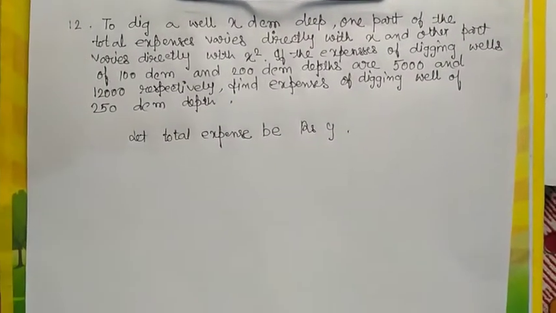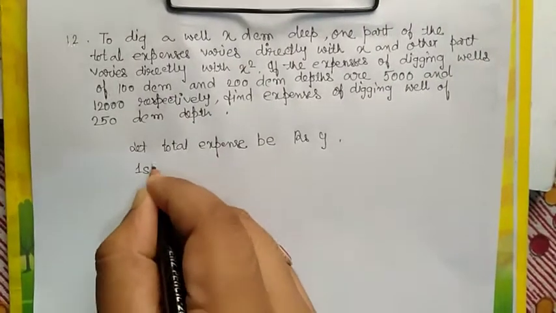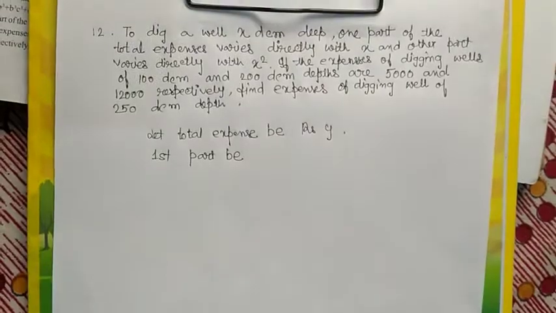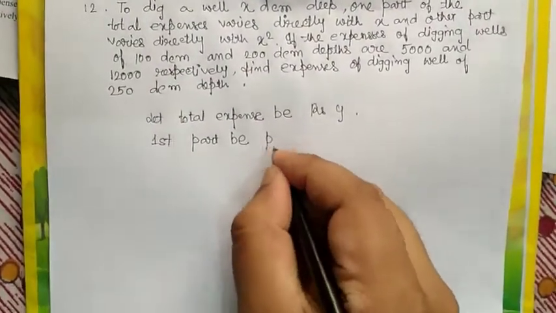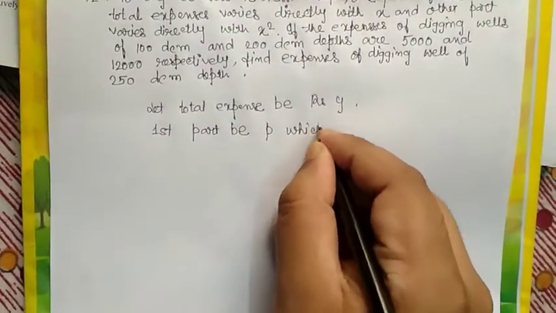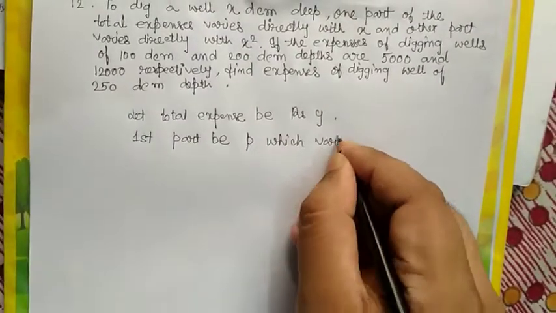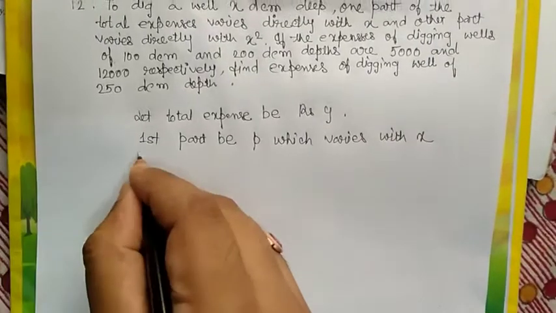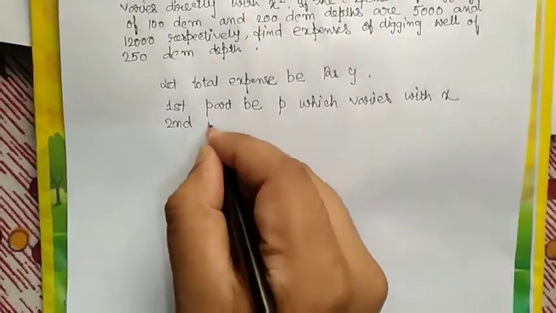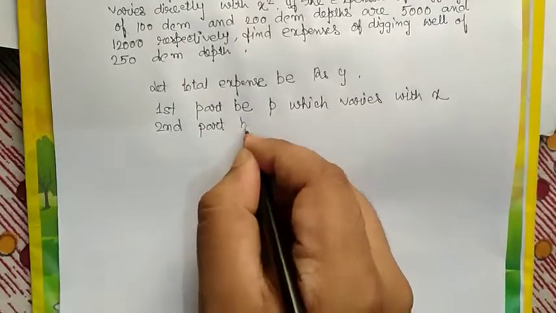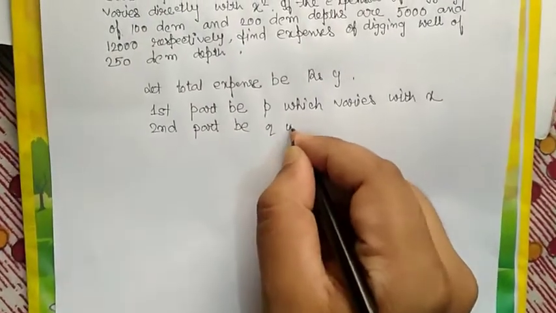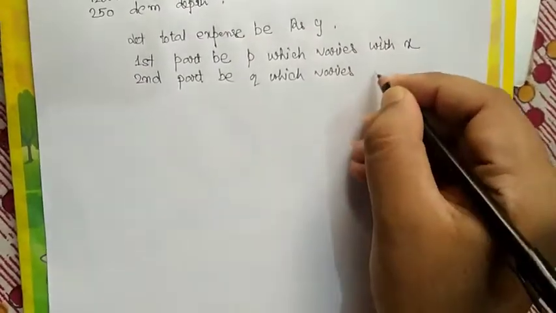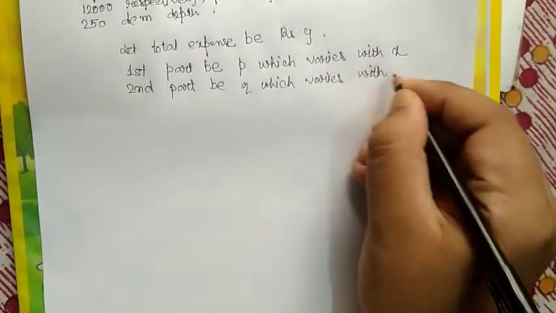So let us assume the first part be p, which varies with x, and the second part be q, which varies with x square.